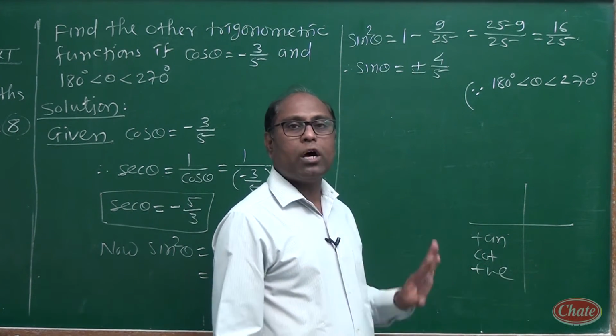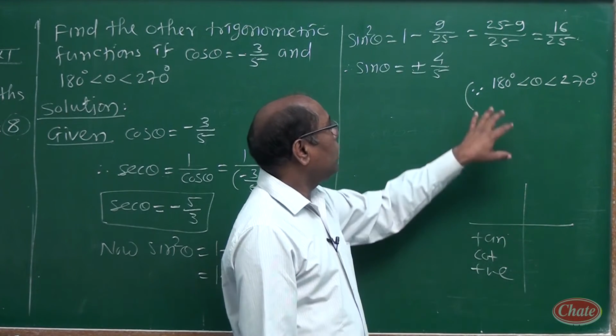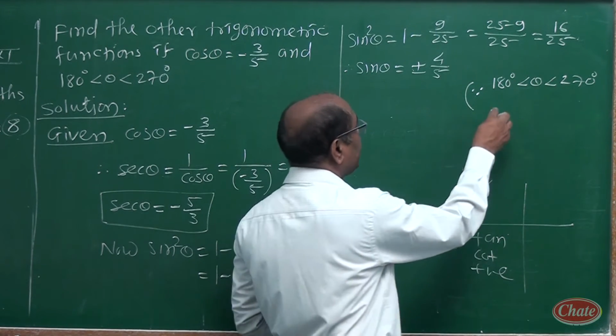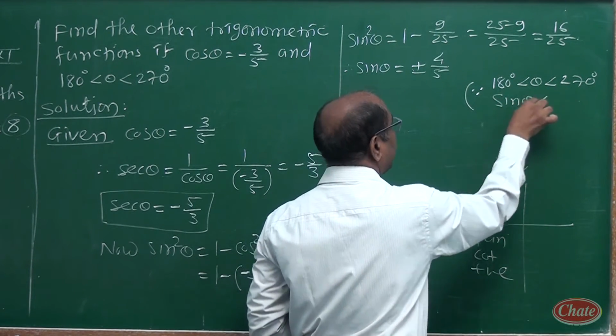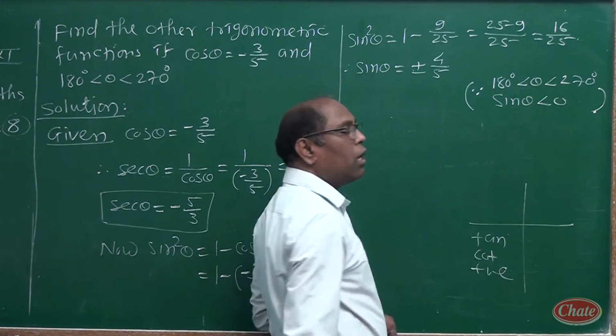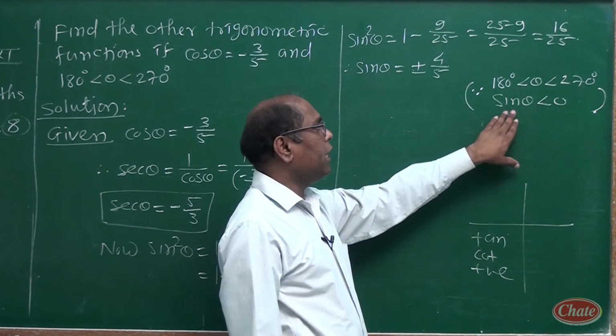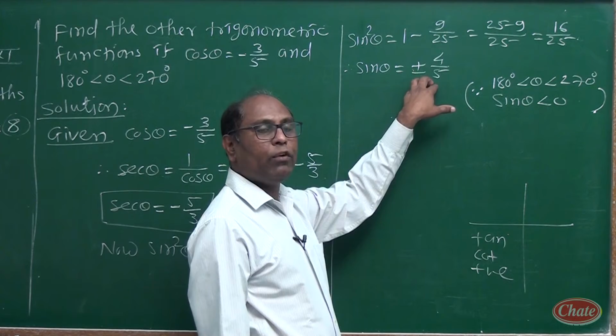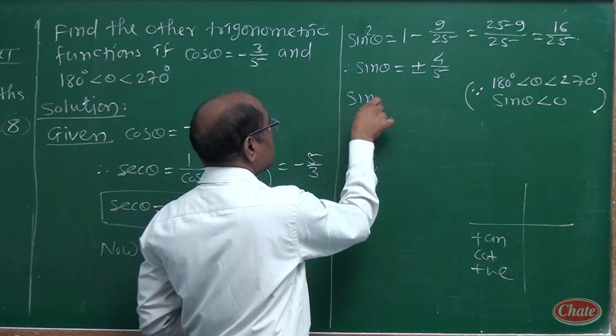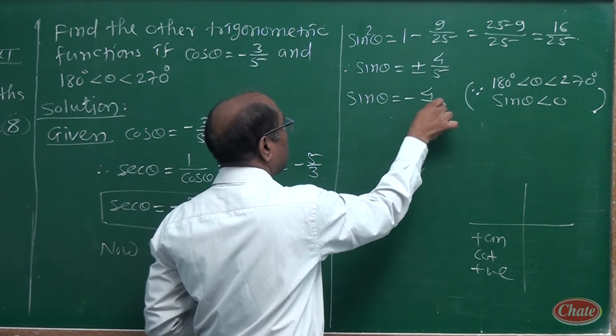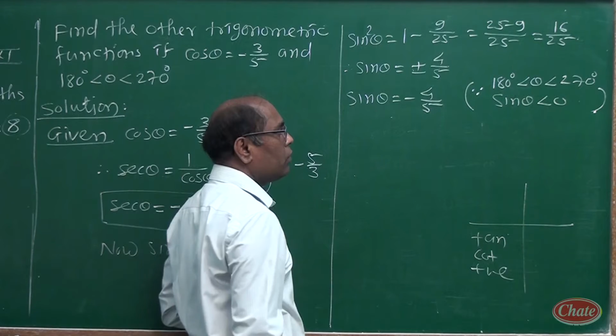All other ratios are negative. So therefore in the third quadrant sin theta is less than 0, is negative. Hence here we have to take the negative value. So therefore sin theta is equal to minus 4 by 5.